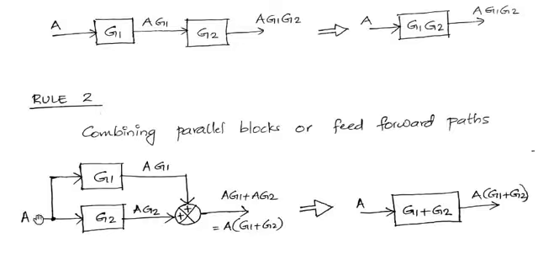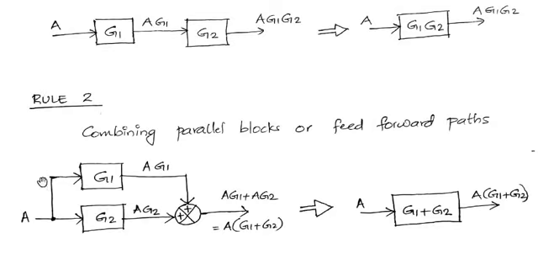Similarly, the signal A coming to G2 will get multiplied with the gain G2 and this will produce AG2. So here we have AG1 and here we have signal AG2. These two signals are then provided to a summing point, and at the summing point the two signals have sign plus plus, so they will get summed up, right?